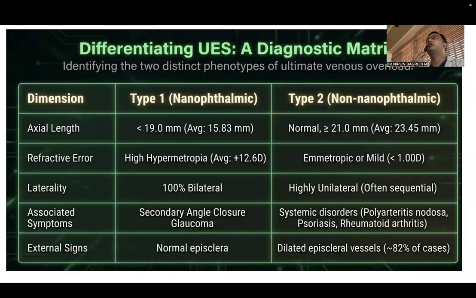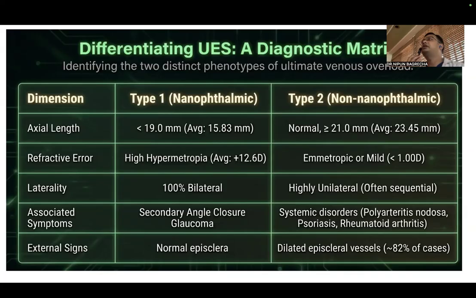So there are two types of uveal effusion syndrome: one is the nanophthalmic eyes, and one is the non-nanophthalmic eyes. In nanophthalmic eyes, the short axial length causes the uveal effusion syndrome, and associated with it is secondary angle closure glaucoma. In non-nanophthalmic eyes, due to systemic disorders, it is an acquired condition due to polyarteritis nodosa, psoriasis, rheumatoid arthritis.